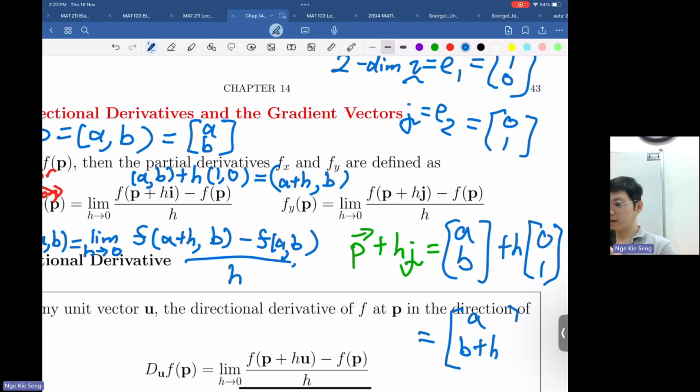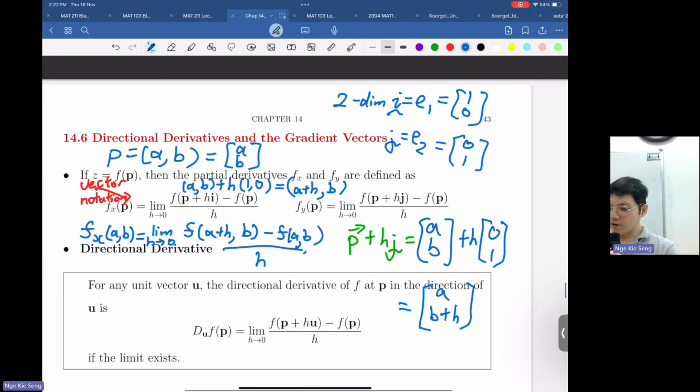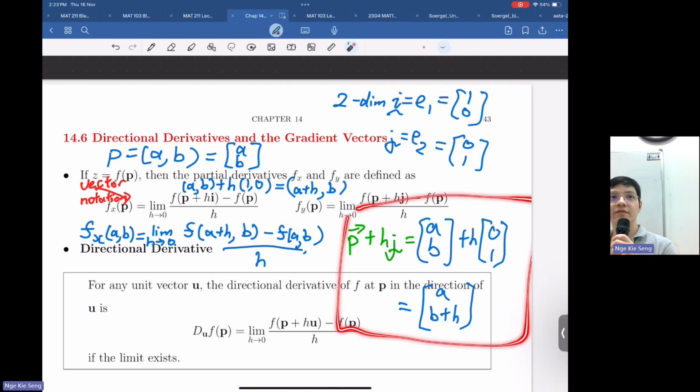So all together, what do you get? Does this match up with the previous definition or not? What's the previous definition for fy? Can you check back? Does everyone agree with this calculation? p plus h j: p is this vector here, and j is this vector here.